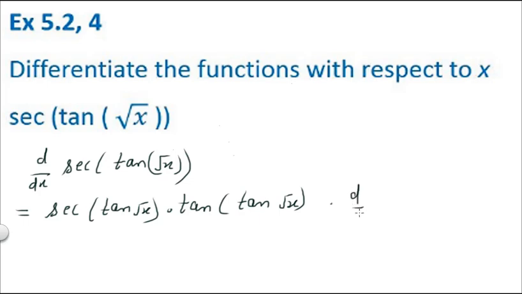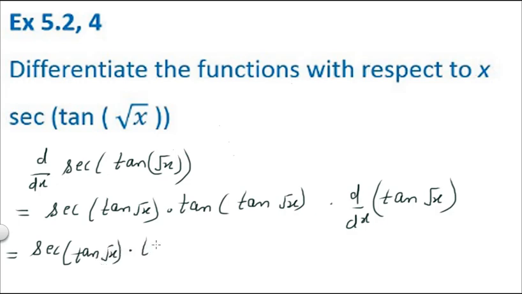Right now we have just differentiated the secant function. Now we will differentiate the tan root x function. So we have secant x into tan x. Now you know very well that differentiation of tan x is secant square x.